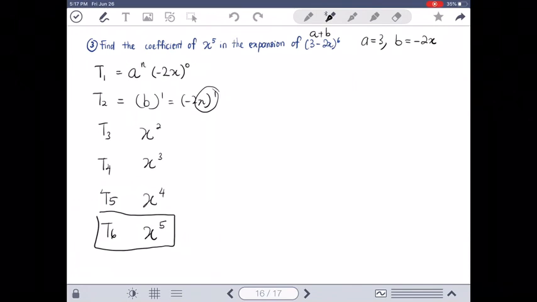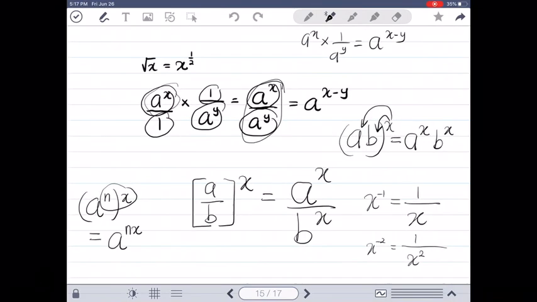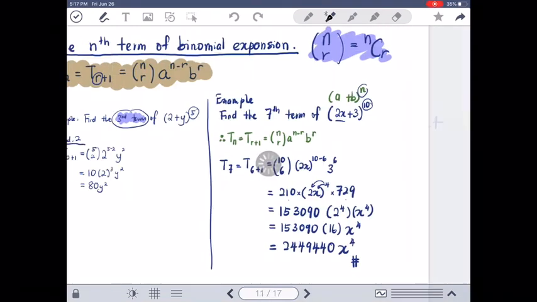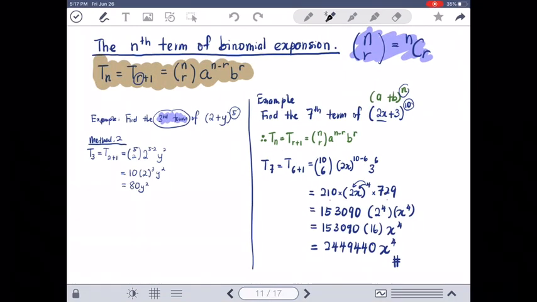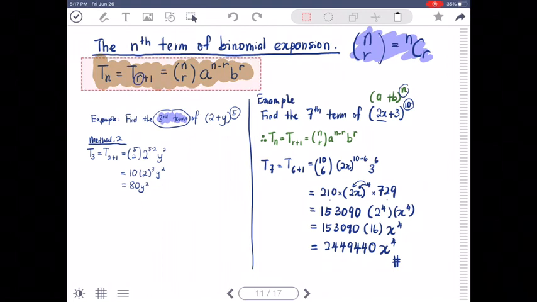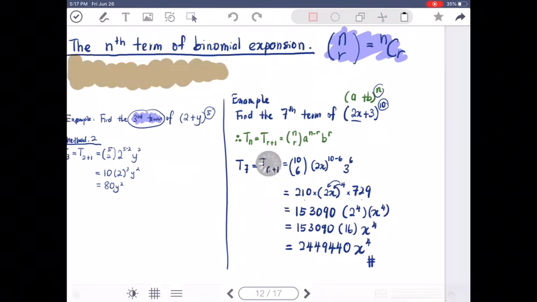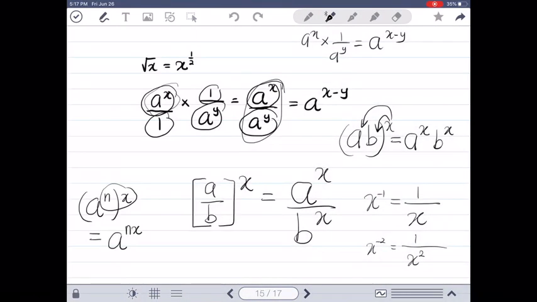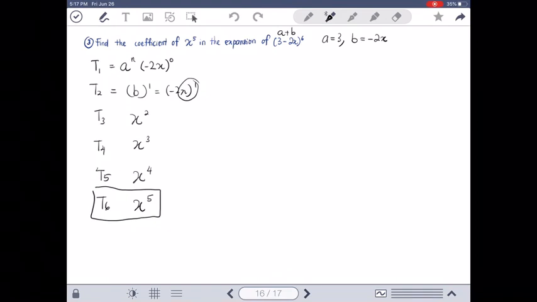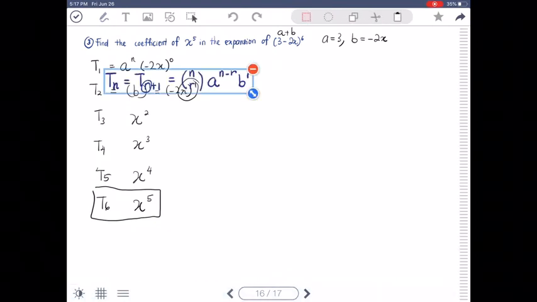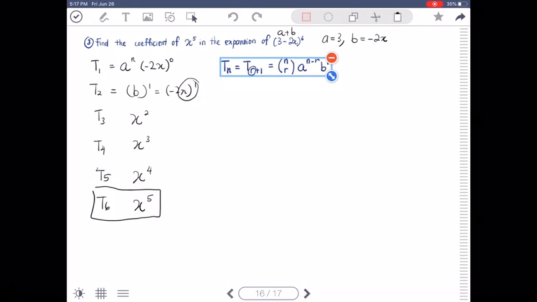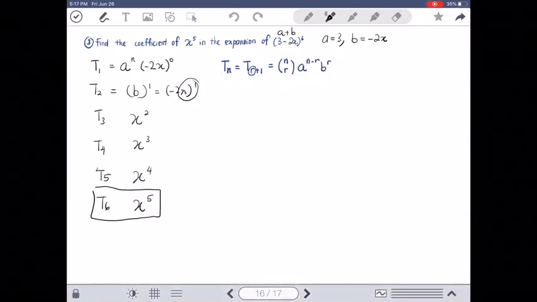Now we need to look at the sixth term. From the one that we learned before, by using this formula, the nth term of a binomial expansion given by this formula here. So I'll just write down the formula. This formula is the nth term of a binomial expansion.